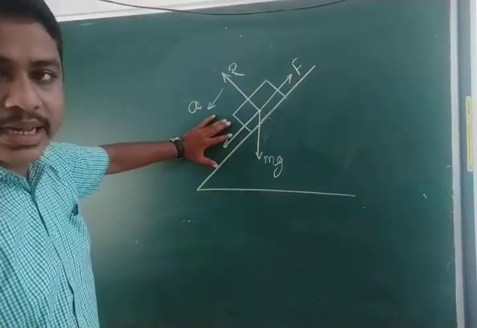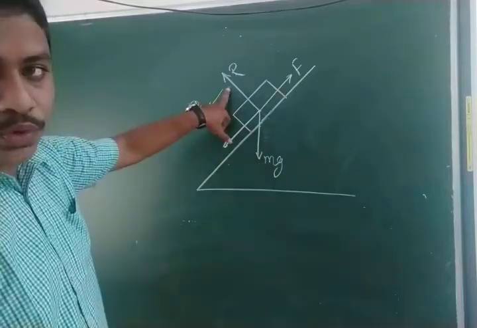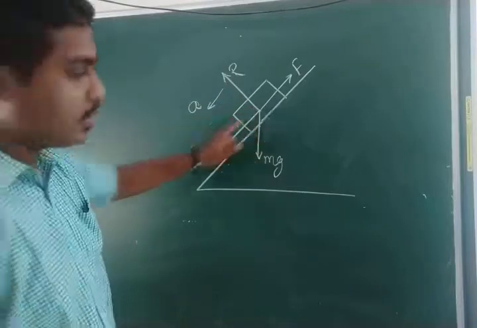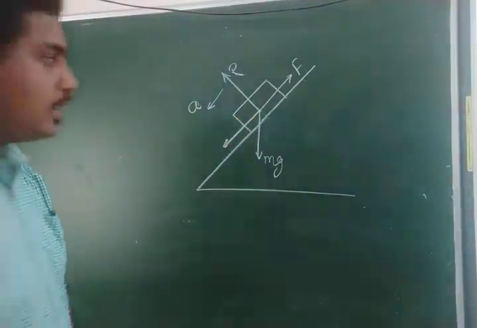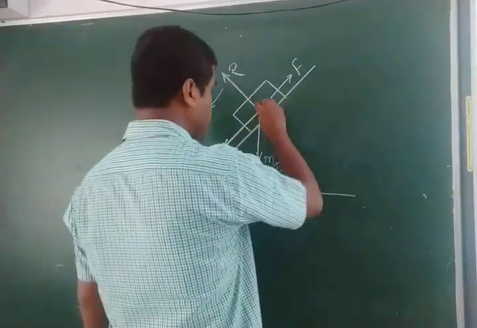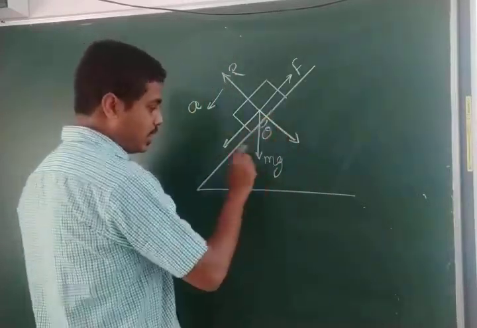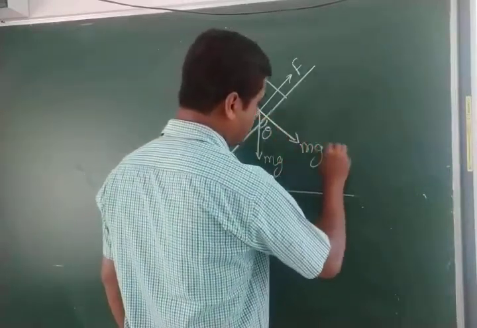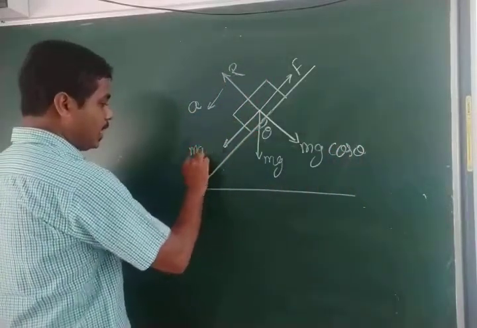Now the forces acting on this object are, one will be its weight, one will be its reaction force, which is always perpendicular to the surface. Weight will be towards downwards. Now suppose I resolve the mg component into two, this angle will be your theta. So this will be your mg cos theta, and this will be your mg sin theta.